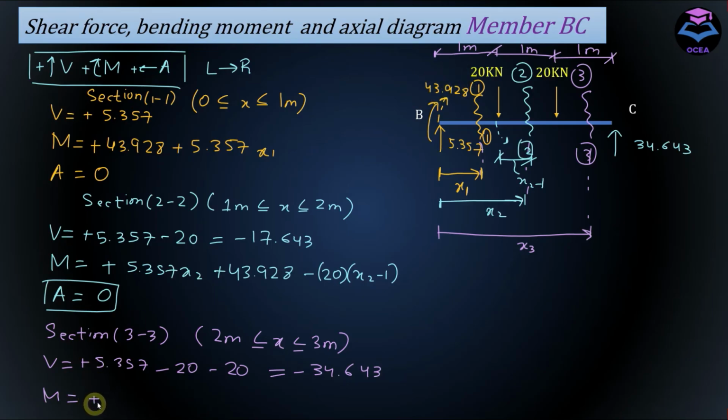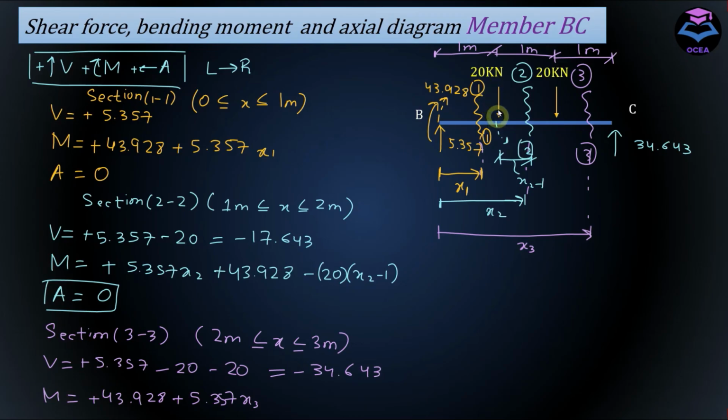And the moment for this section is 43.928 positive, and we have this 5.357 which has a perpendicular arm of x3 with respect to section 3-3. This will be positive since it's creating a clockwise moment about this section.